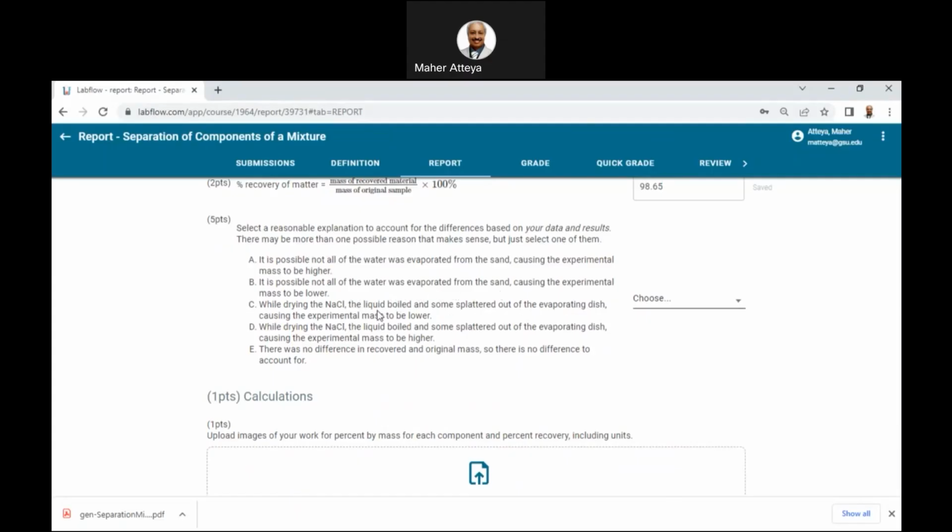While drying, sodium chloride liquid boiled and some splattered out of the dish, causing the experimental mass to be lower. So this is C. C or D.